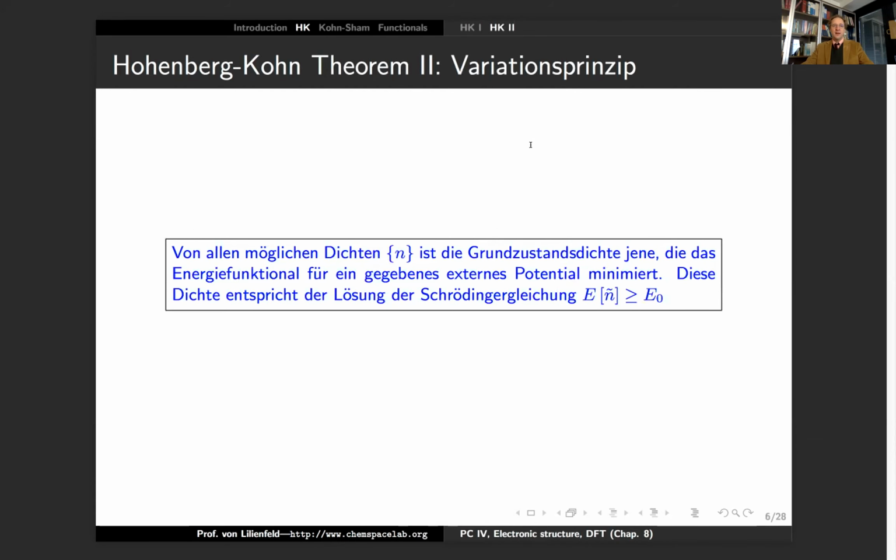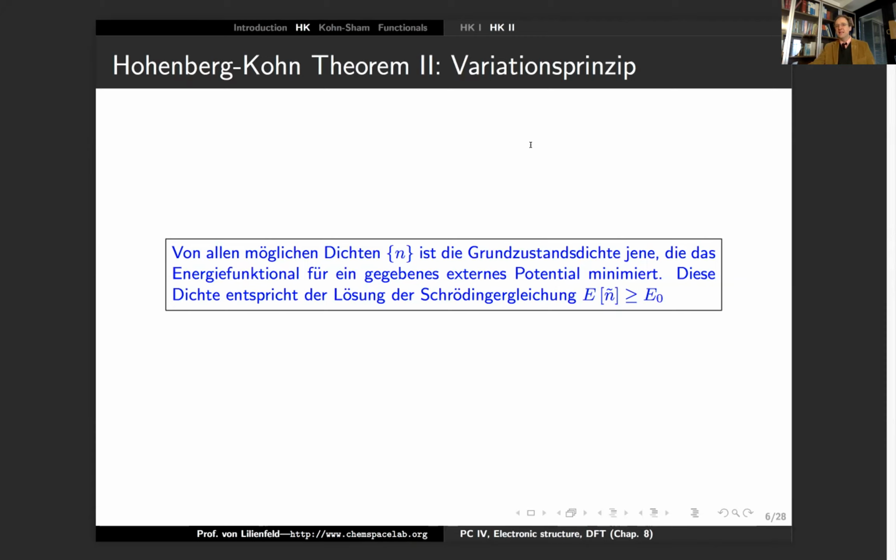Yeah. Now, the second theorem is a kind of variational principle. So among all possible densities, there is a ground state electron density, which will minimize the functional of the energy, okay, for any given system, right? And this is the electron density which corresponds to the electron density you get from the wave function which has minimized your energy, right?